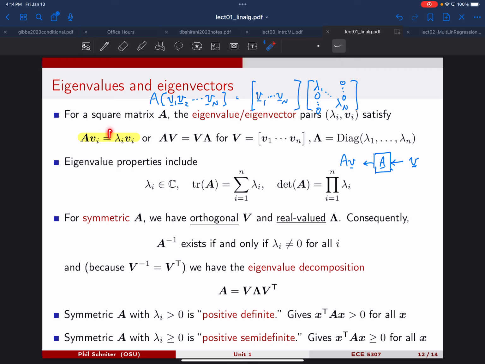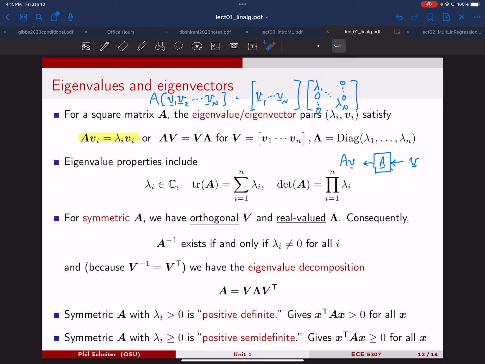And so that's how you get this term lambda 1 v1. Now if you move over to the second column, which would have a lambda 2 here, this thing would multiply this, and you would get 0 times v1 plus lambda 2 times v2 plus 0 times v3 and so on, and you'd get lambda 2 v2 and so on.